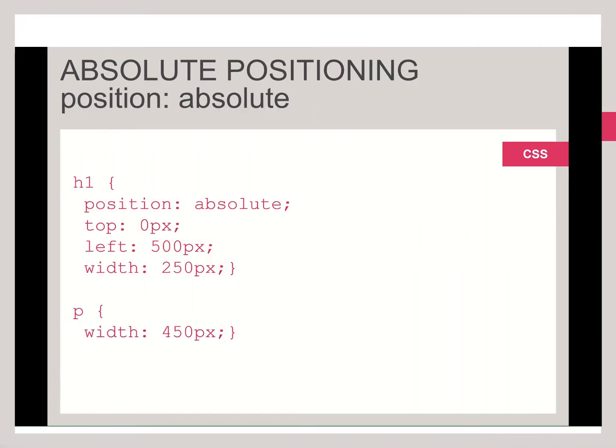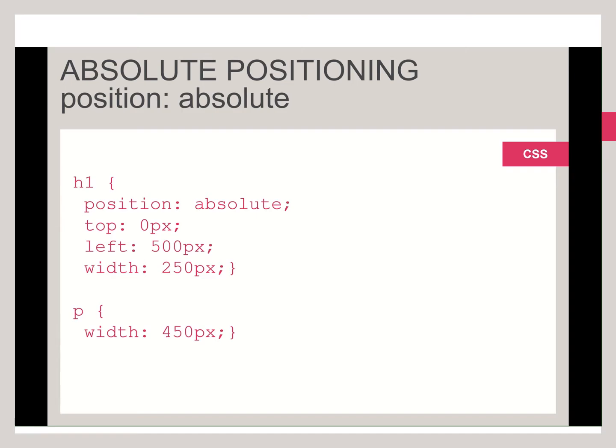Okay, let's look at the third method to do the layout. We still use the position, but now we use the absolute value. This means we want to use absolute positioning. As we mentioned before, for absolute positioning, we define the location of the element according to the containing element, that means relative to the containing element.